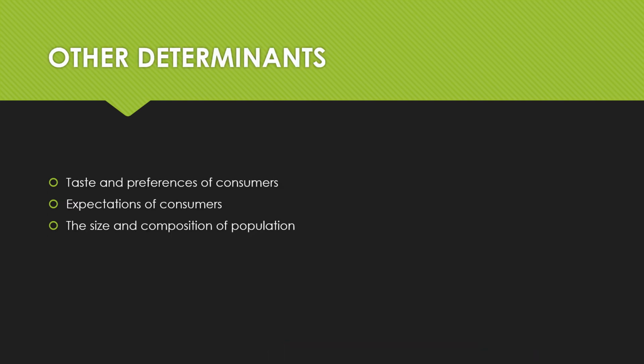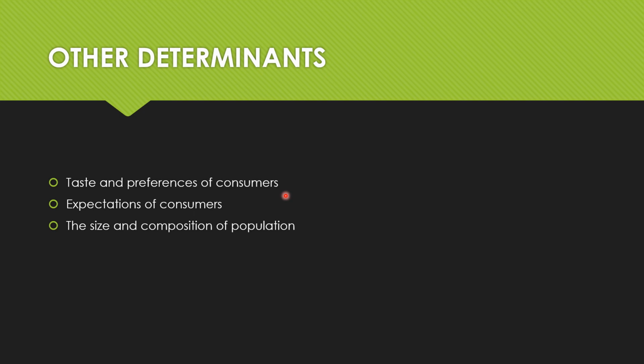Okay, now the other determinants of demand are taste and preferences of consumers. Now let's say that I have always liked eating rice. So no matter what is the price of rice, I would still prefer having rice. And why is this happening? With the increase of price, the demand of rice has to fall. But in this case, the demand of rice is not falling because of my personal preference of eating rice no matter what.